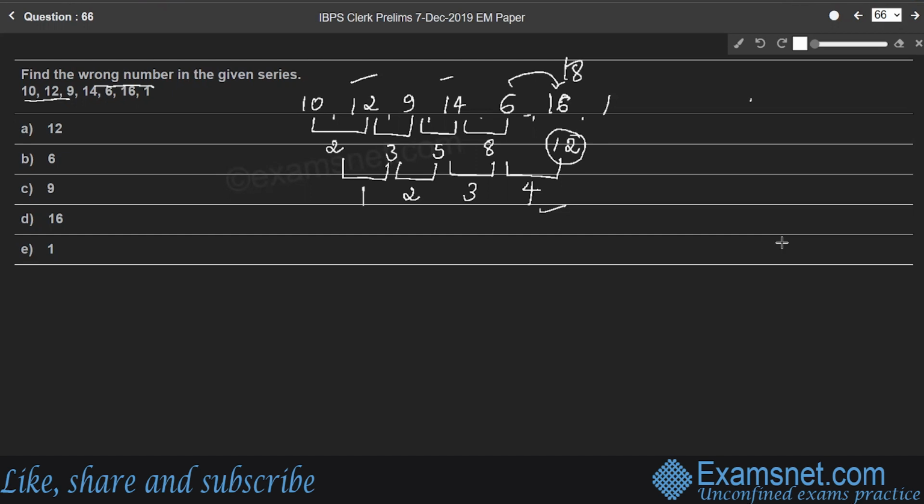Then look at the last number. The difference between 18 and 1 is 17, so the difference between 12 and 17 becomes 5. So we get the consecutive numbers 1, 2, 3, 4, 5 as differences of differences.